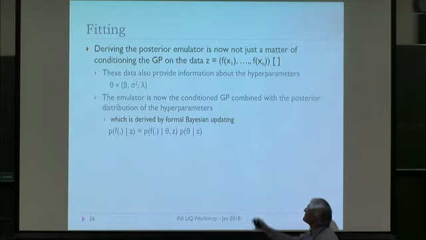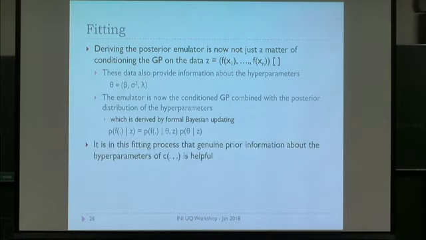But then we also need to learn about theta from the data, and that's the harder part. That requires genuine Bayesian updating, and particularly when we've got a large number of hyperparameters, it can be a complex process to understand and compute that posterior distribution for the thetas. And this again is where putting that useful prior information in can make a difference.